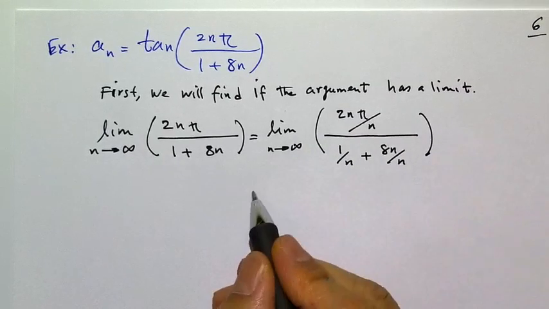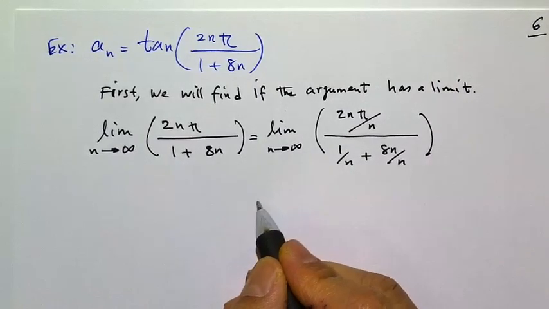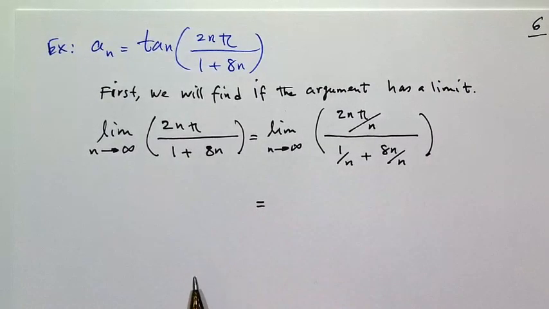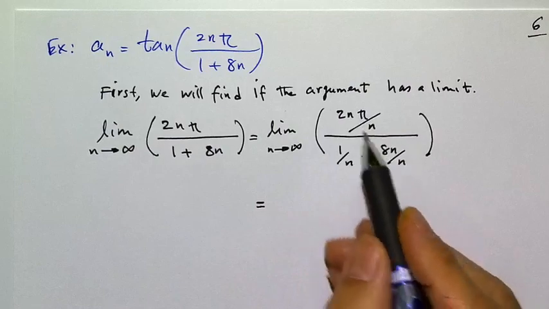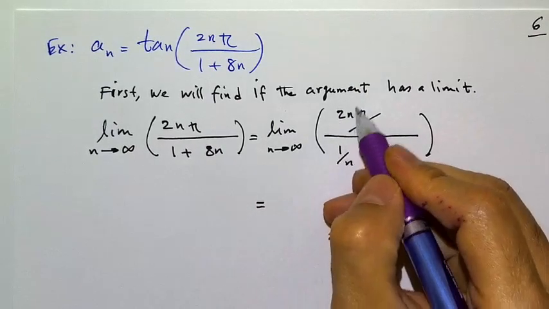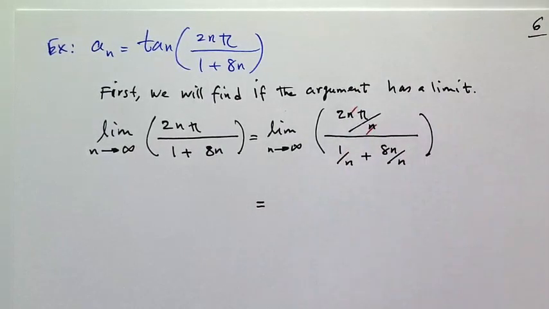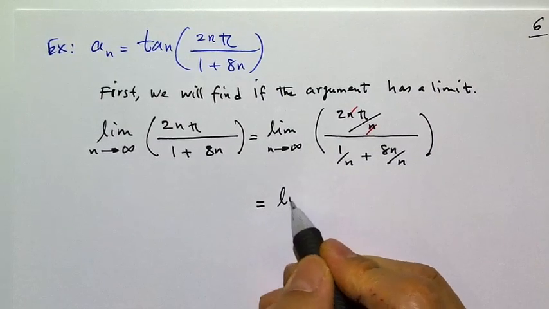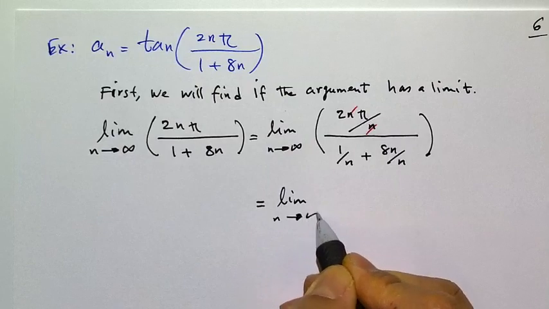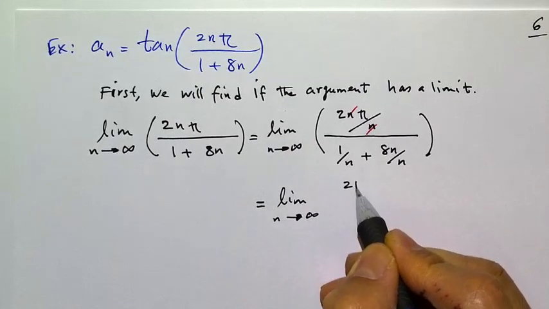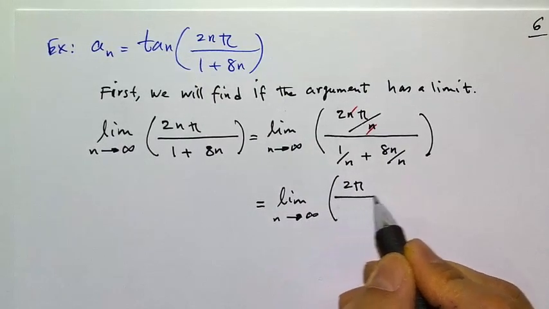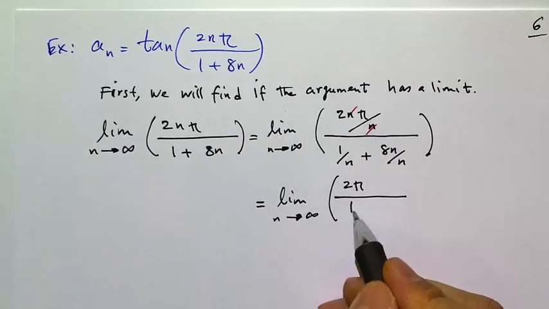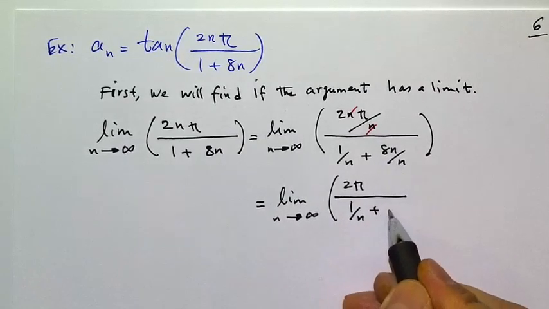Okay, so what do we get? This n and this n will simplify. We will get 2 pi divided by 1 over n plus 8.